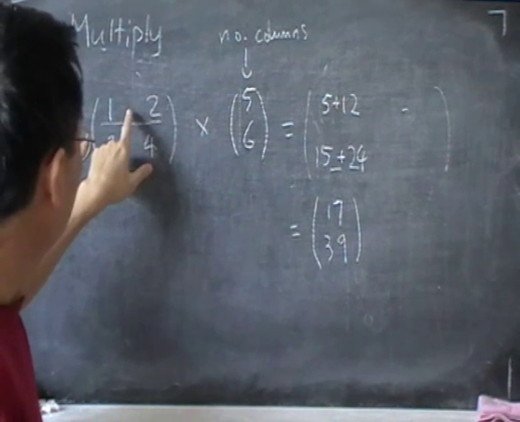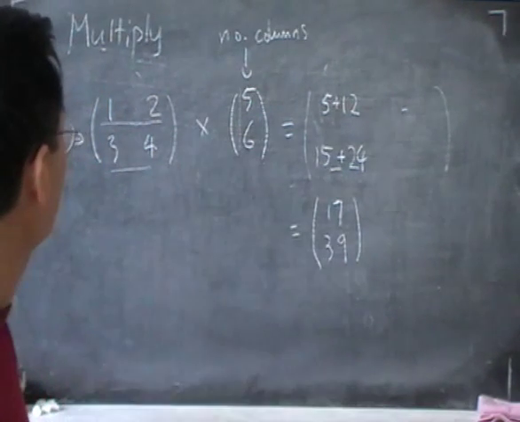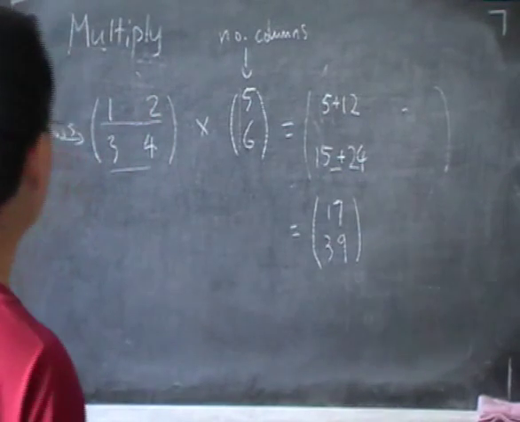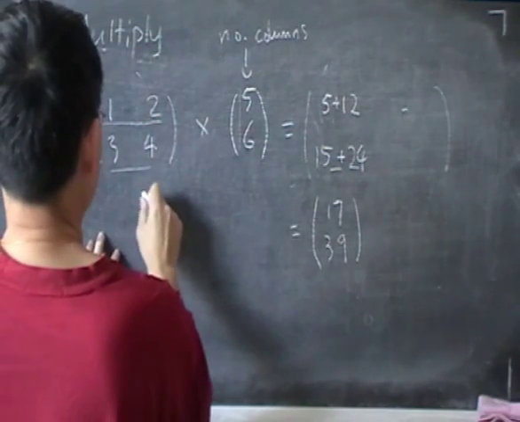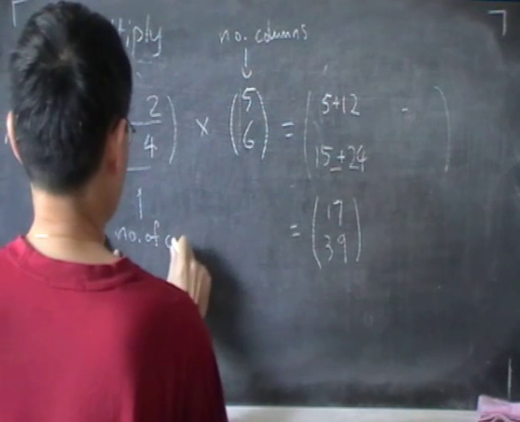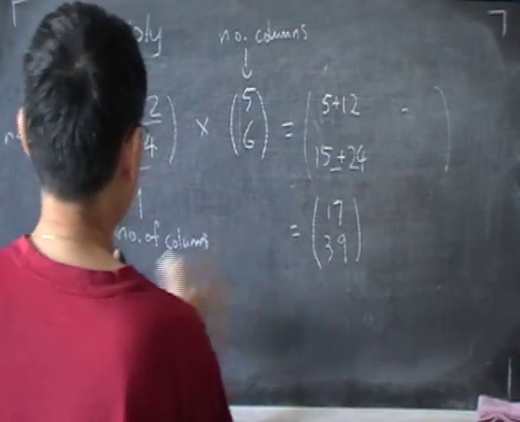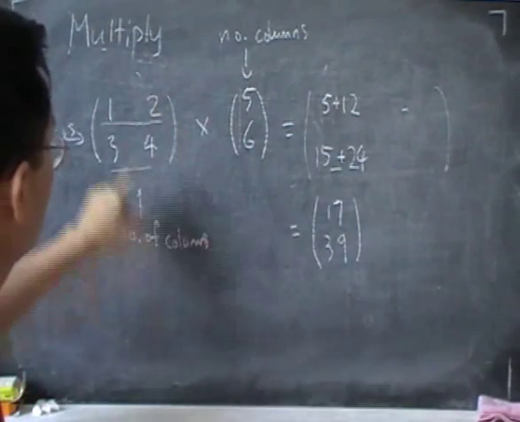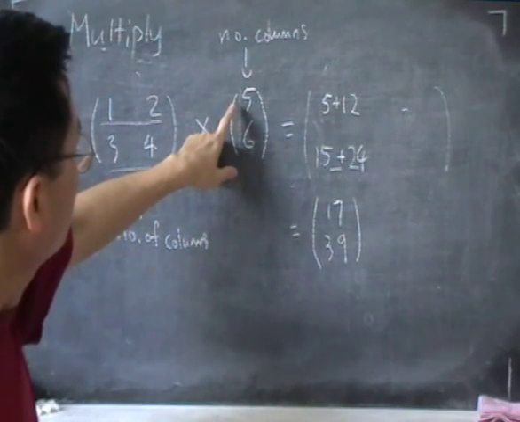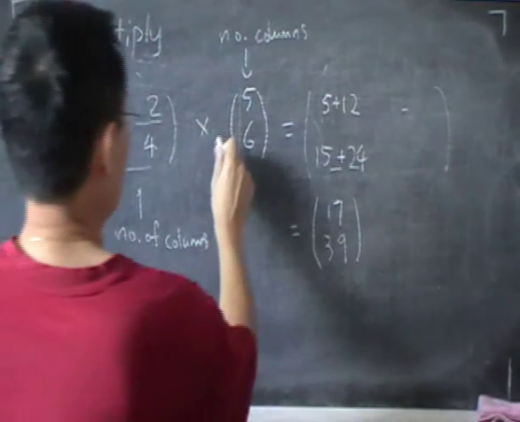Now, the number of numbers in each row of the first matrix is just the number of columns. If you have two columns in the first matrix, that means you have two numbers in each row. And the number of numbers in each column of the second matrix is just the number of rows.